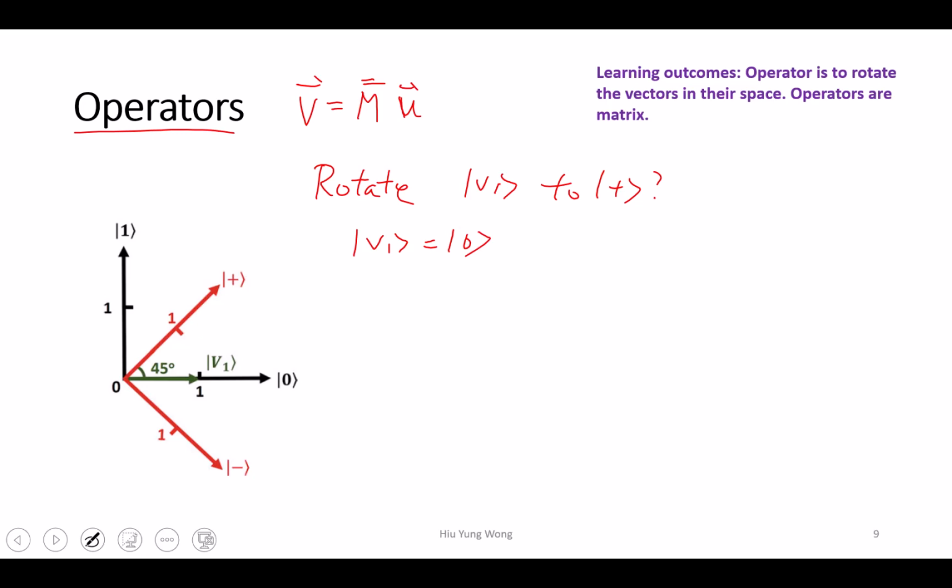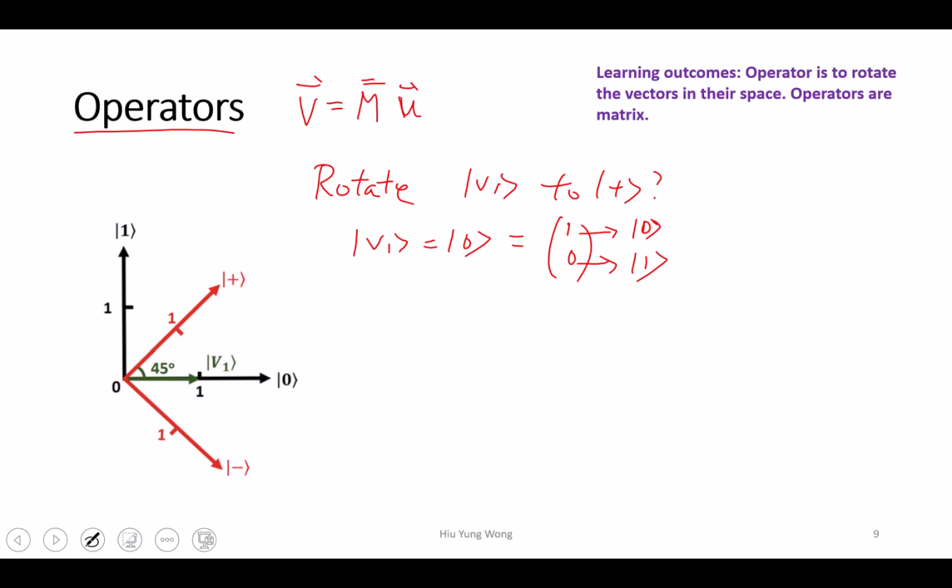That is what it is talking about. How do I rotate it? Well, to rotate it, the best way is we go to the matrix form. I'm going to write in matrix form 1, 0. Again, I know that 1 means I have 1 part of 0. 0 means I have 0 part of 1. Basically, just like the 2D plane, I am x hat plus 0 y hat.